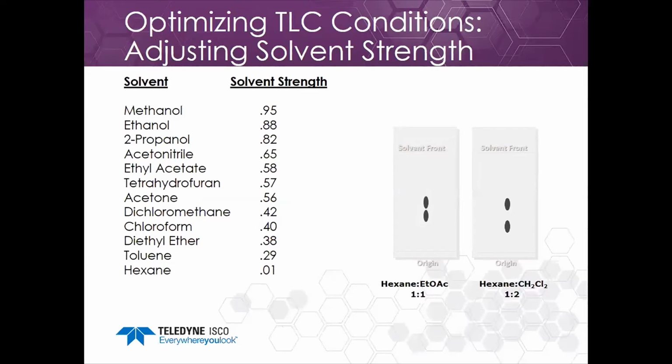The RF difference is greater with a 1-to-2 mixture of hexane and dichloromethane. So we decrease the polar solvent strength, from ethyl acetate at 0.58 to dichloromethane at 0.42, and are able to get better separation between the two compounds.